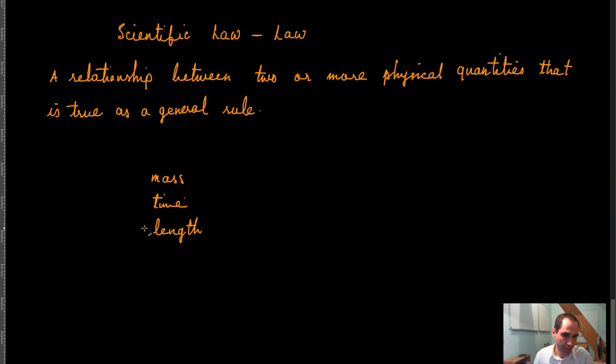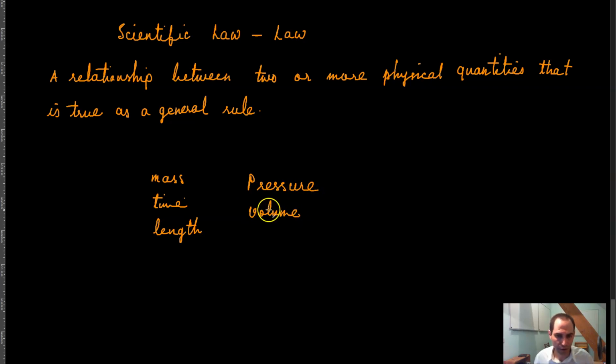And there are other physical quantities, for example, pressure, but then it is defined based on the base physical quantities. We have the base physical quantities, and then we have also the derived physical quantities. So for example, pressure is one of those derived physical quantities. Or we have the volume as well, right?